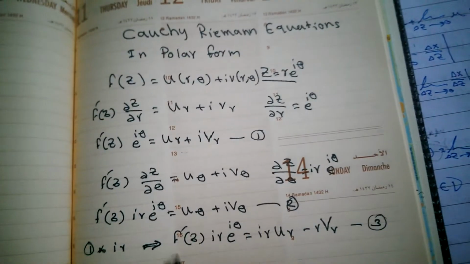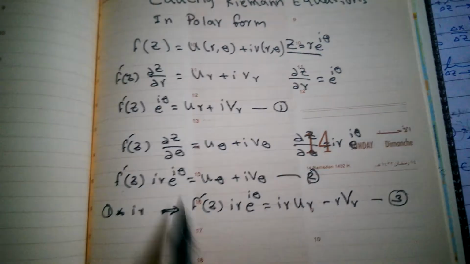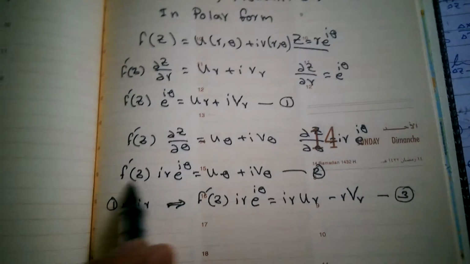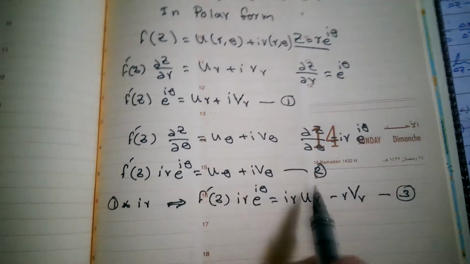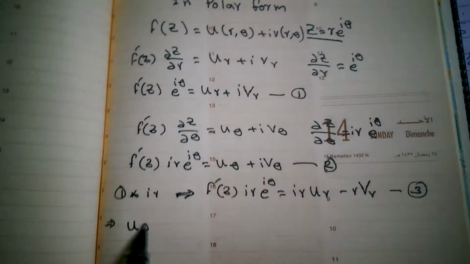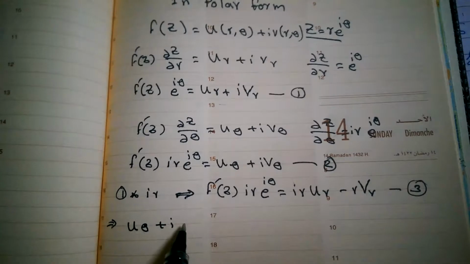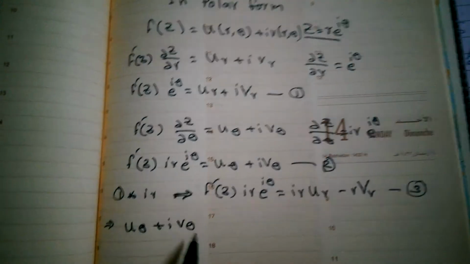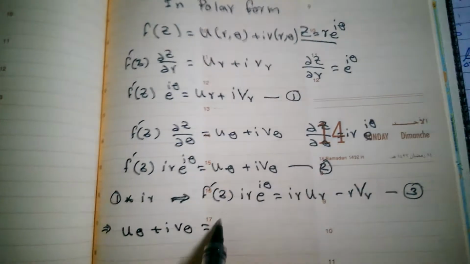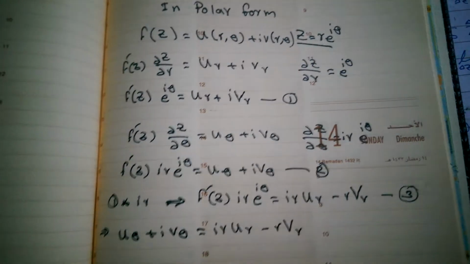Now if we look at equation number 3 and equation number 2, their left hand sides are exactly the same. So it means their right hand sides are equal. Now we can write that from 2 and 3, we get that u theta plus i v theta is equal to i r u r minus r v r.